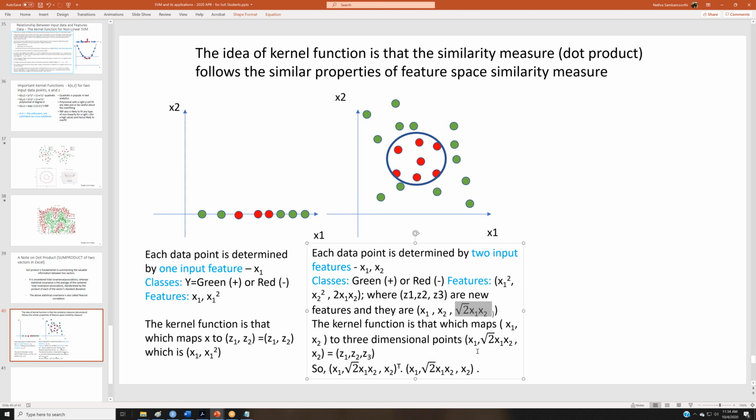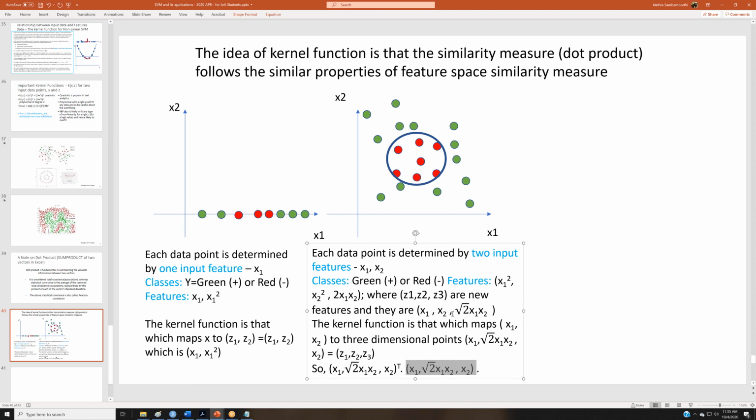Kernel functions have to satisfy some properties. Not every function can become a kernel. There are some properties, but we don't have to go into that. According to this property, the inner product of these two vectors has to satisfy some conditions, called Mercer's conditions.